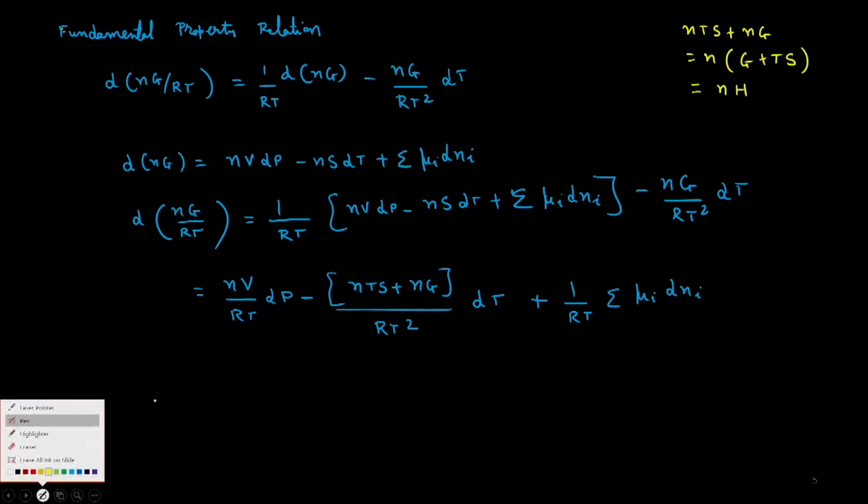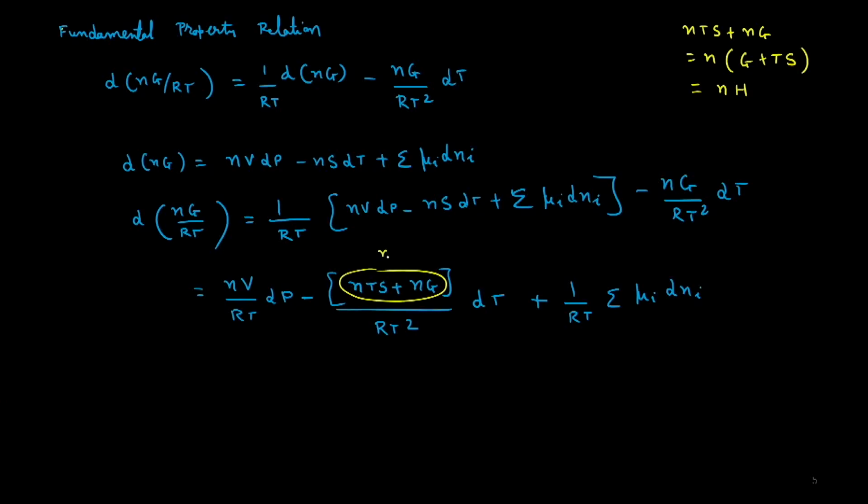So what I can do is substitute nH here. So this will turn out to be nV by RT dP minus nH by RT square dT plus sigma over i. I'm going to replace chemical potential with partial molar Gibbs free energy. Both are identical, dNi. And this is the quantity d of nG over RT.